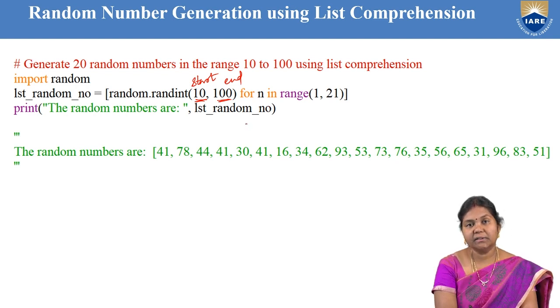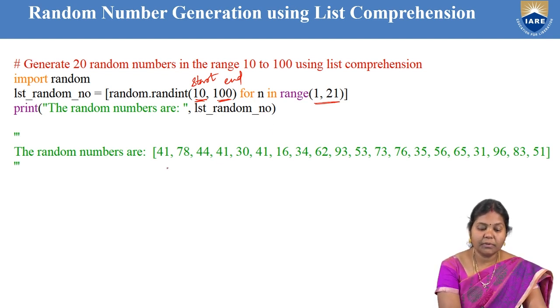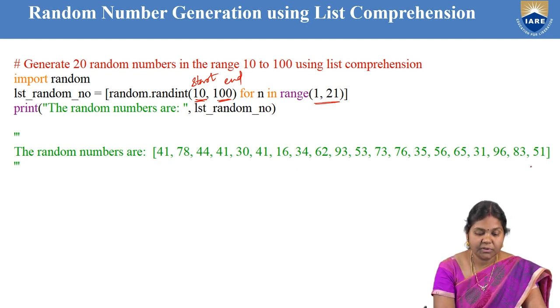For that, I'm writing for n in range(1, 21). That means it has to pick 20 random integers within this range. Here you can see the output: the 20 random integers are generated using the randint method with the list comprehension mechanism.